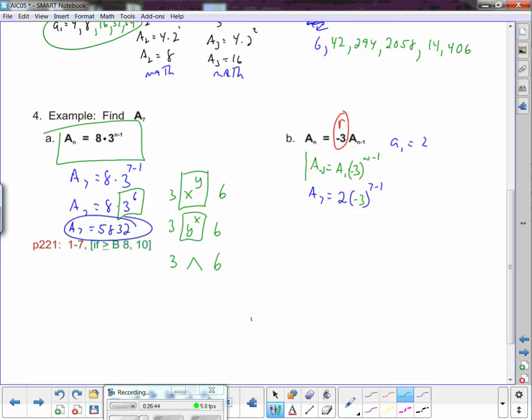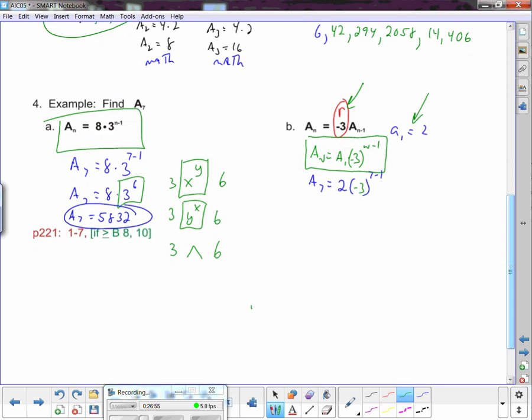So again, understand, I made the explicit formula because I knew the value of R and I knew the value of A sub 1. Okay? I took the value of R from what they gave me originally, and I took A sub 1 from what they gave me originally. Therefore, I was able to make my own explicit formula. I made that from R and from A of 1.